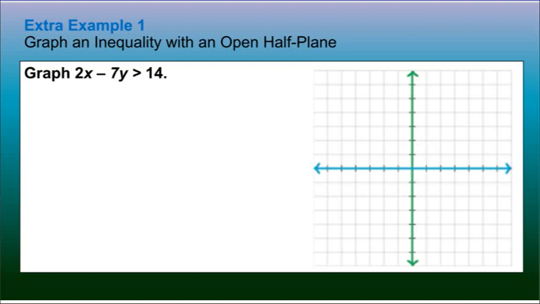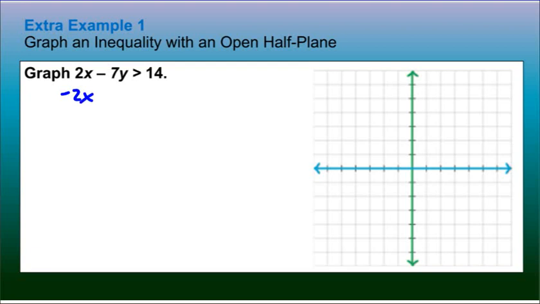Next, solve this one. Here I can do the intercepts because I know they work well together. But let's just put it in slope-intercept form because I don't think the intercepts will make it a lot easier.